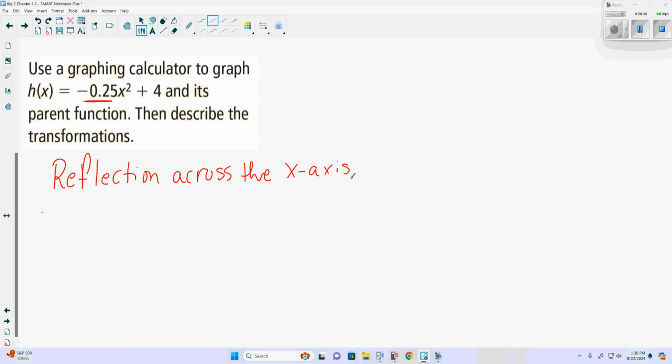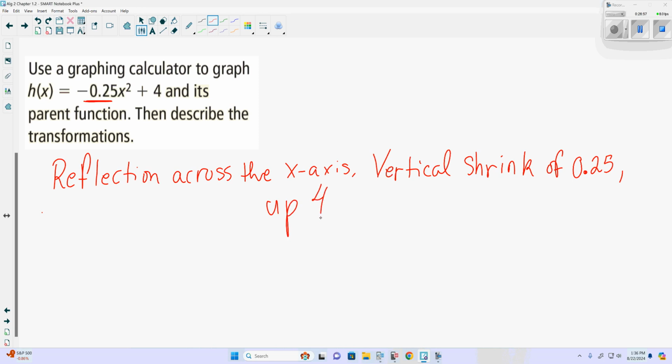The value, the 0.25, does not connect to the reflection. The negative is telling us the reflection. The 0.25 is telling us the vertical shrink. And it'd be a vertical shrink of 0.25. And then we would have up 4.